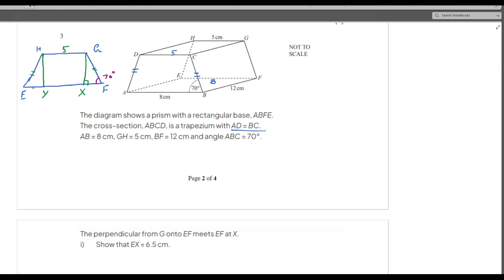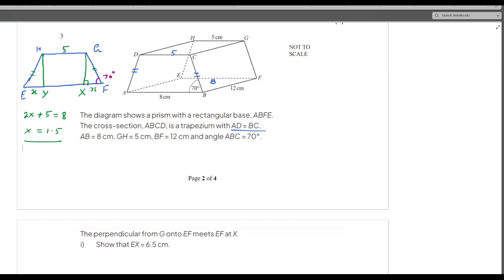So if I consider this EY as a small x, then XF will also be small x, and you have 2 times small x plus YX is 5, because HYXG will be a rectangle now. So 2x plus 5 will be your 8, and that gives you the value of x as 1.5.